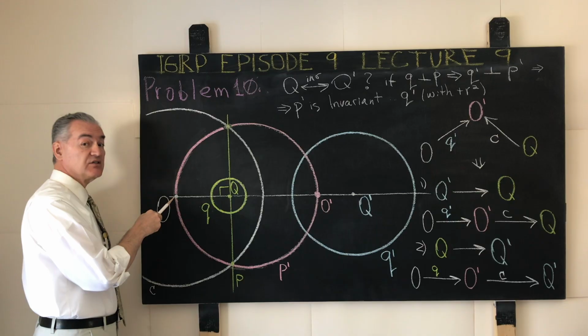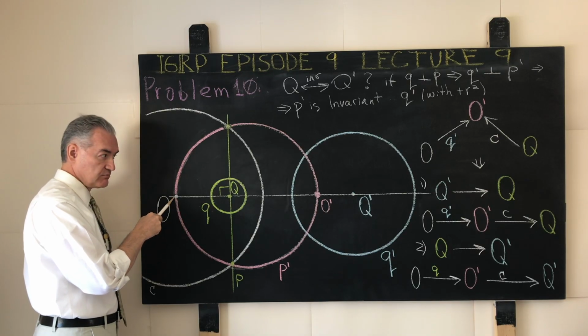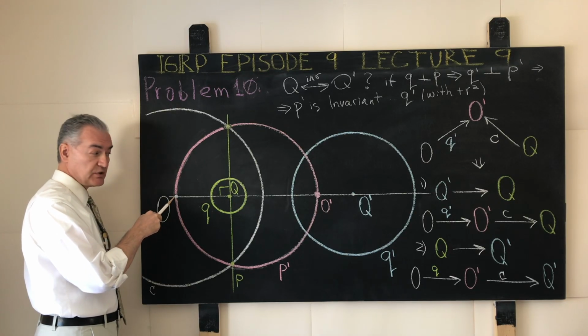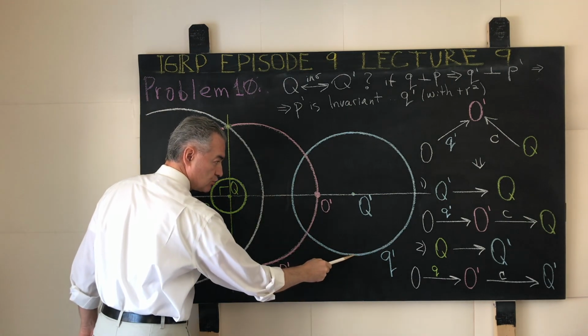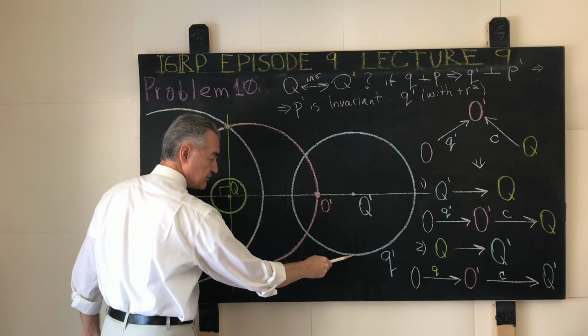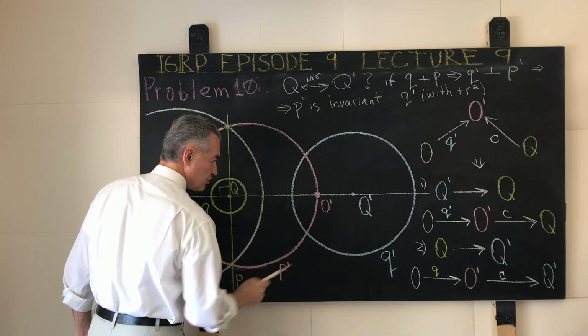They are the inversive images of each other under the inversion of the given plane with respect to which circle? To the circle Q prime. With what? With positive power. That is on the one hand.